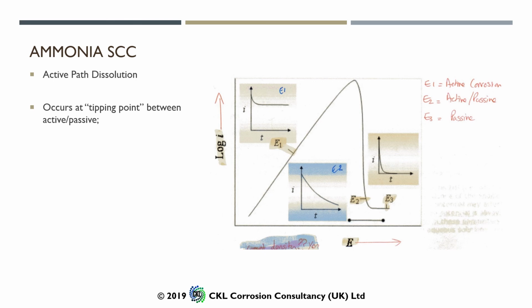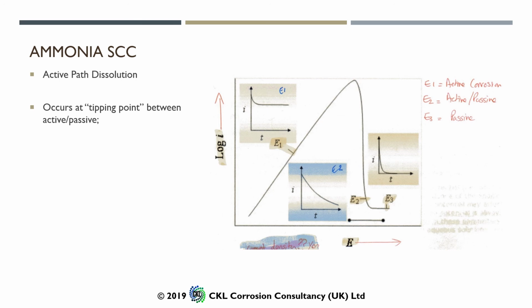So we just saw on the previous slide that this active to passive or passive to active transition is where we see stress corrosion cracking happening for active path dissolution. So again, there's another diagram showing the active corrosion shown by E1, which is where we're increasing the potential and the log of the corrosion current is increasing steeply as we climb up to that very top.